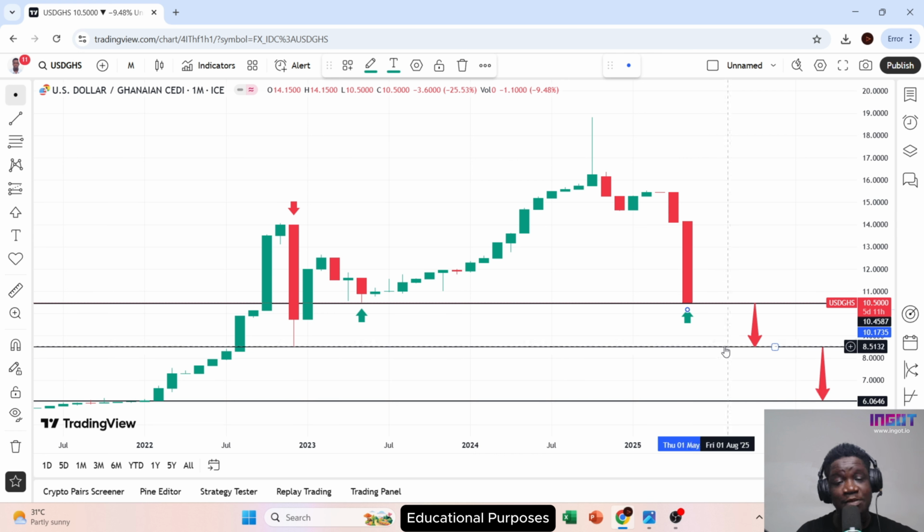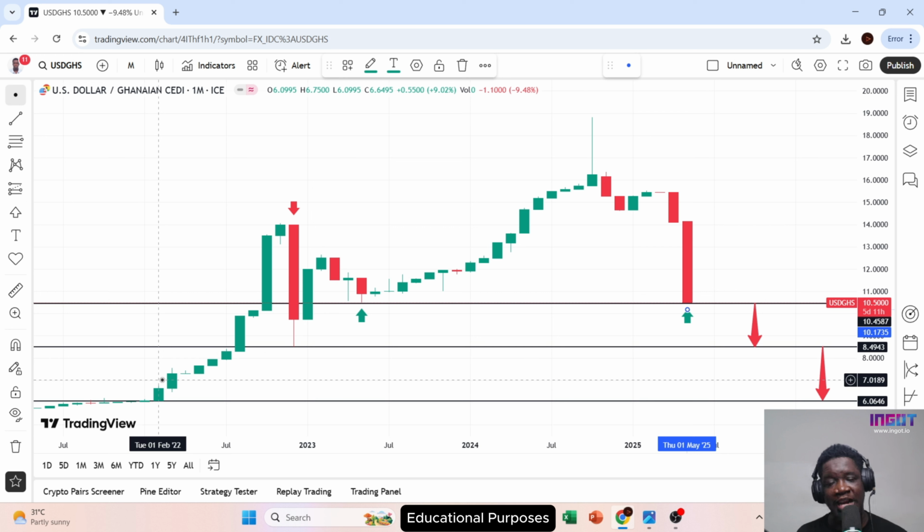If it gets to 8.5 Ghana Cedi, and the Cedi is still gaining that level of momentum and keeps breaking support, or breaks that support around 8.5 Ghana Cedis, then there are high chances it will go down as low as 6.0 Ghana Cedi against $1. The last time we saw that was in February 2022.